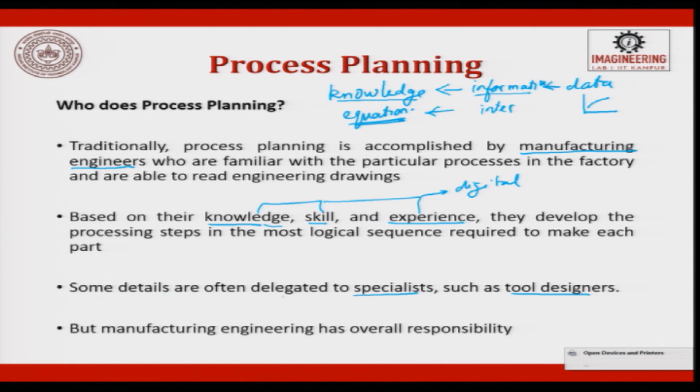He will give the input based upon whatever you have asked, but the manufacturing engineer has overall responsibility. He can go and meet experts and get information, but by and large it is the responsibility of the manufacturing engineer.